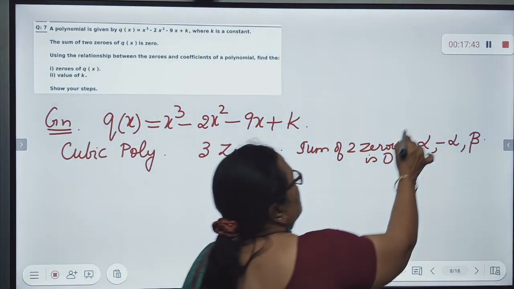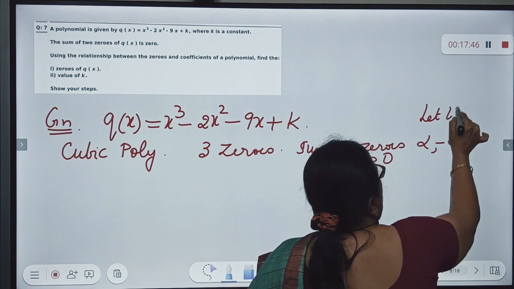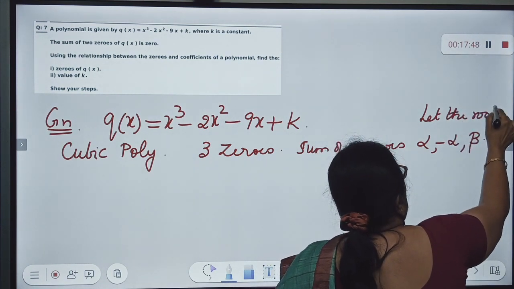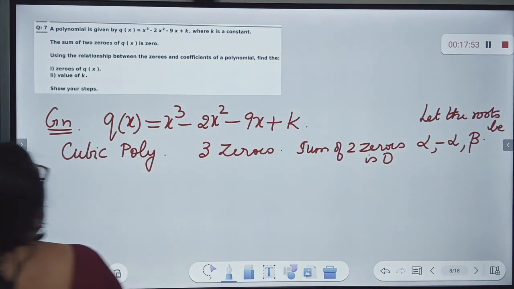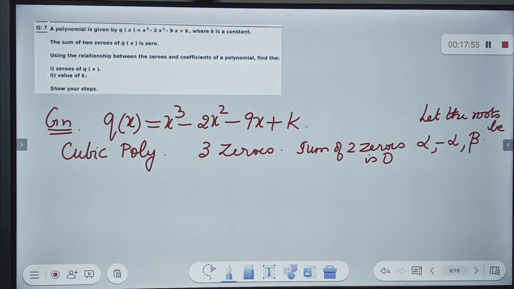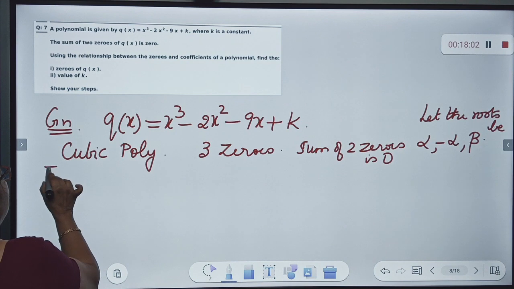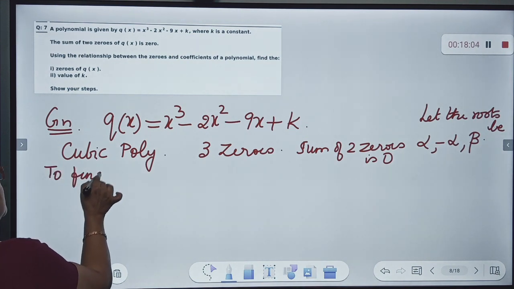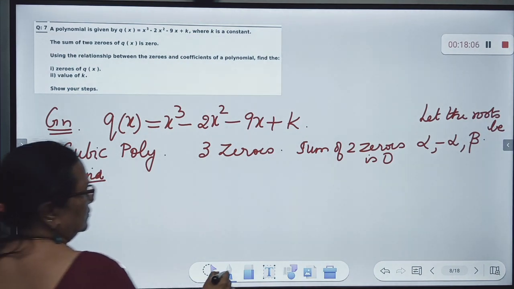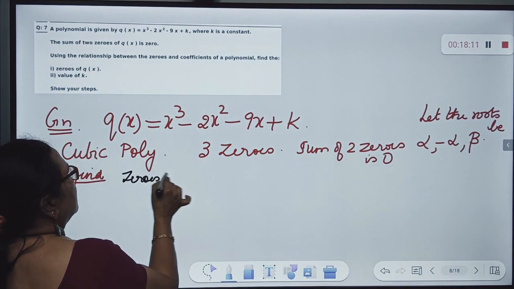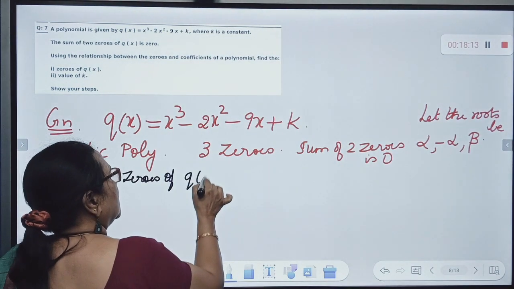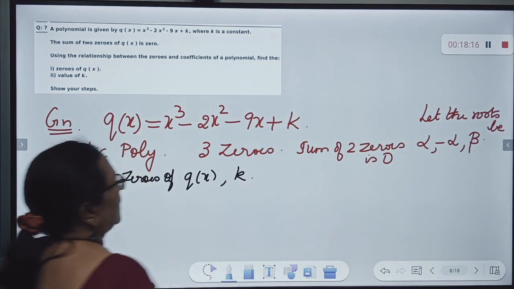So let the roots be alpha, minus alpha and beta. We have to use the relationship between the zeros and coefficients to find the zeros of Q of x, and also find k. So two things we need to find: the zeros of Q of x and the value of k.